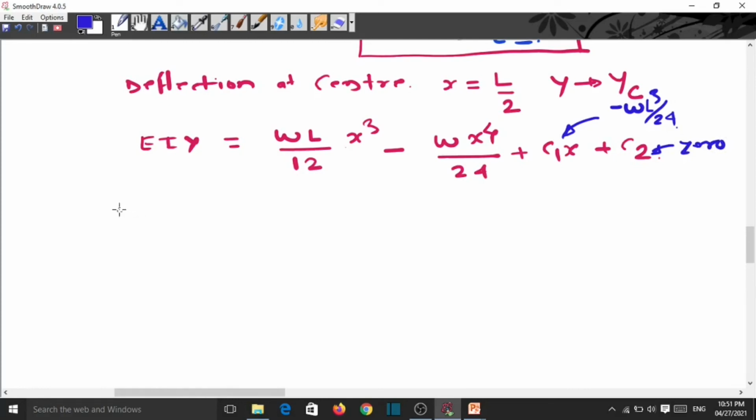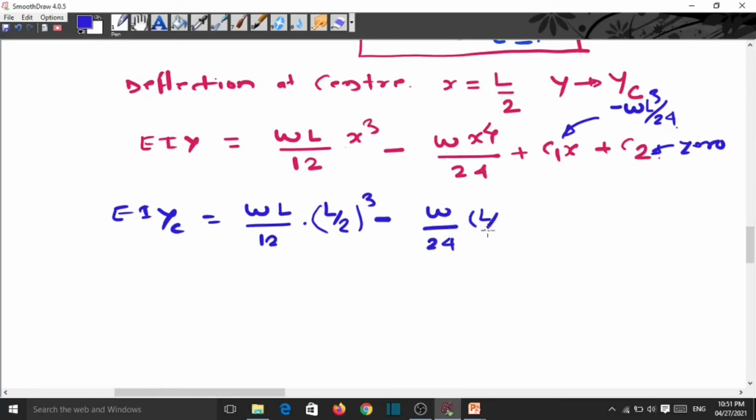Then EI y becomes YC is equal to WL by 12 into, instead of x here, L by 2. So L by 2 bracket cube, then minus W by 24 into L by 2 raised to power 4. Then C1 is minus WL cube by 24 into L by 2 because of the x, then plus 0.